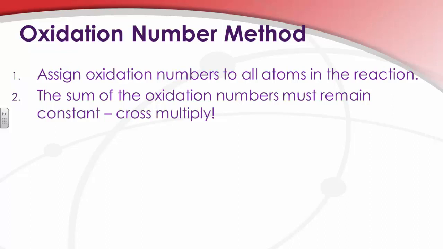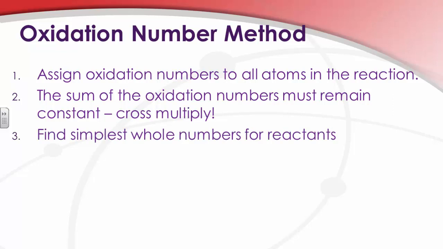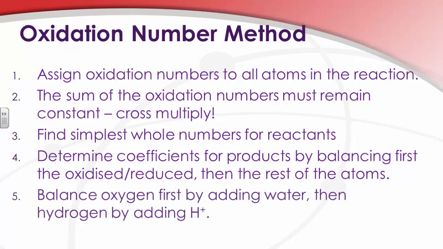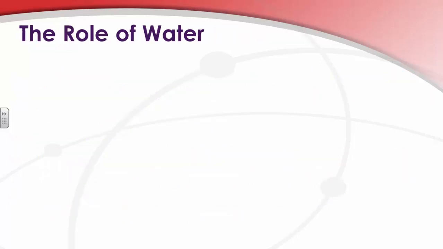So we're going to do a kind of cross-multiply step. Once we do that, we'll find the simplest whole numbers for the reactants and determine the coefficients for the products, balancing first the oxidized and reduced, and then the rest of the atoms involved in the reaction. And this will become more obvious in a few minutes. What we'll do is balance oxygen using water, and then balance hydrogen by using protons.